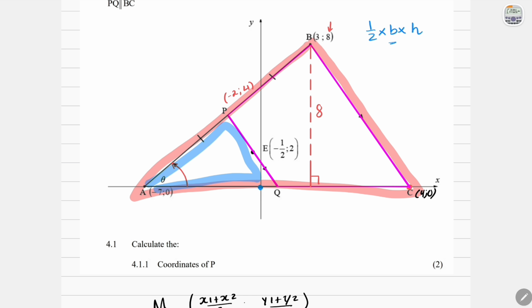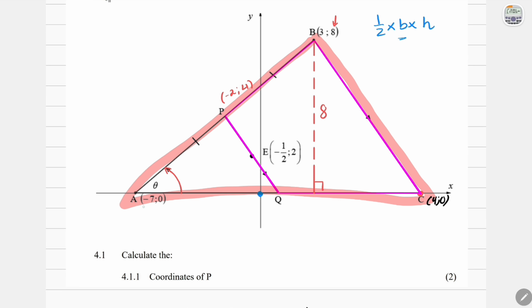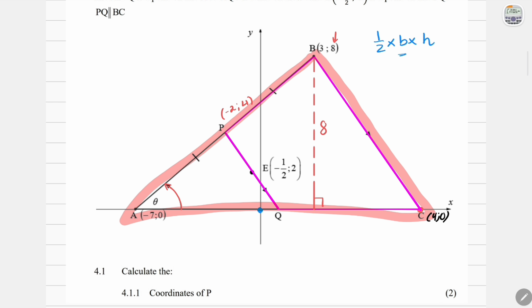With triangle APQ, we can see that the base would be AQ. Now, how do we find AQ? You're going to have to look at this bigger triangle because we have a specific theorem going on here. Initially they've given us that AP is equal to PB, so P is the midpoint.